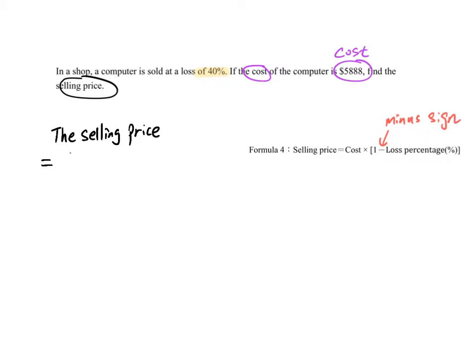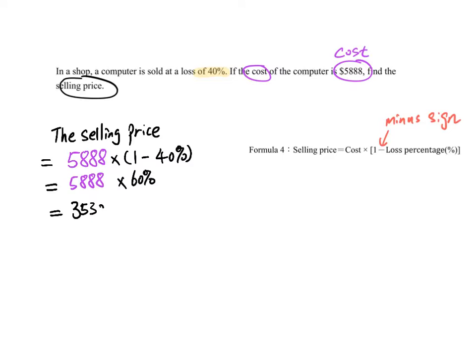The cost is $5,888 times 1 minus 40%. It is equal to 5,888 times 60%. The final answer is $3,532.8.